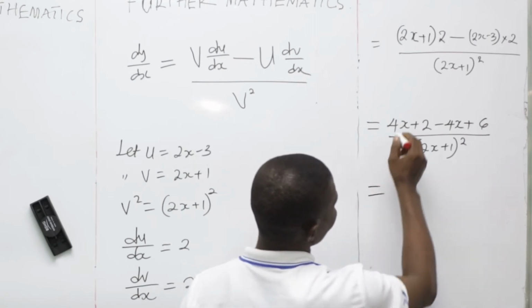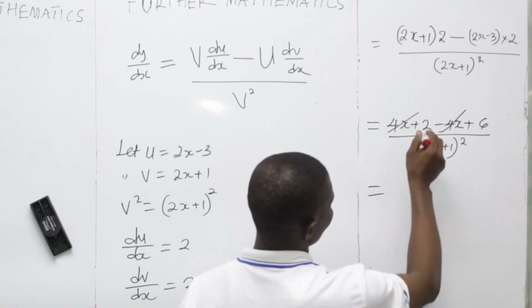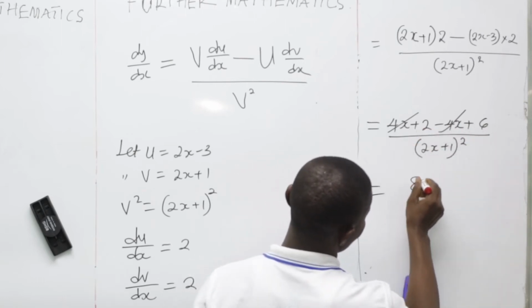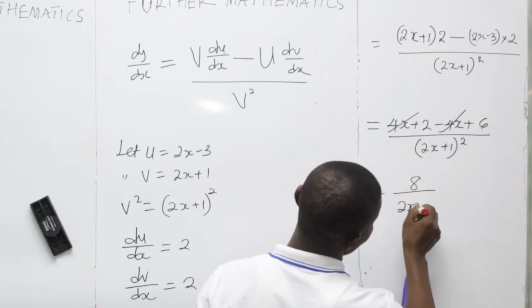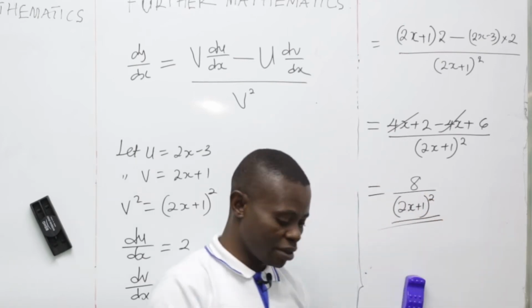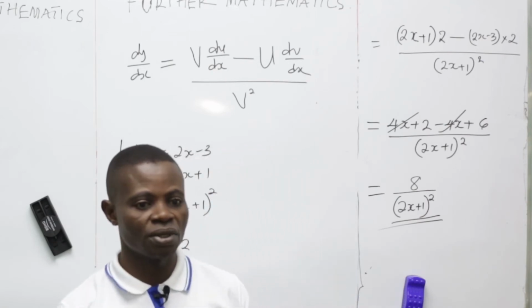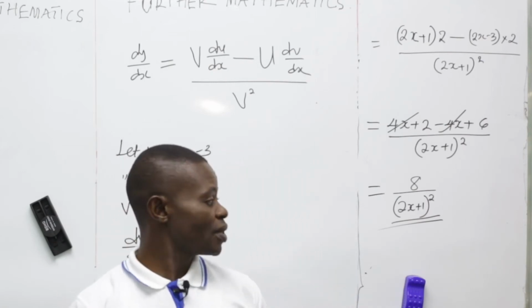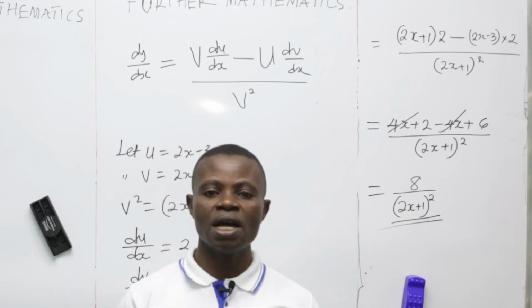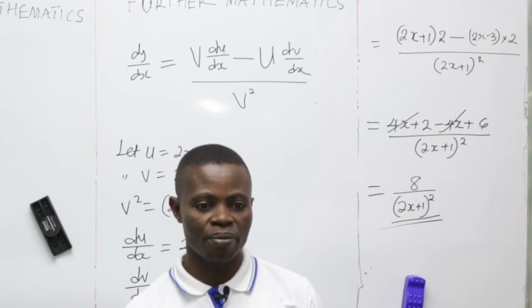This will now give us 4x minus 4x gone. 2 plus 6, 8, all over what? (2x plus 1) all squared. Final solution: the dy/dx in this quotient rule is what? 8 all over (2x plus 1) all squared, in bracket.